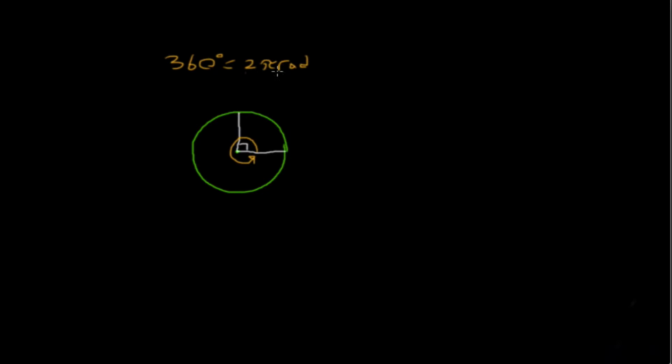Okay, so let's divide by 2 on both sides. So 180 is equal to pi radians. And so, radians, I'm just going to flip it over to the side, is equal to, wait, I forgot the degrees, 180 degrees over pi.